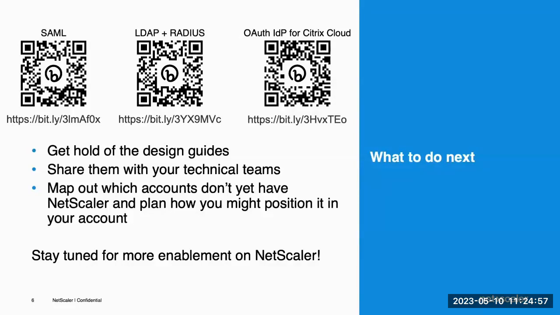I would suggest that you map out your accounts for the rest of the year in terms of what's renewing, and then work out which don't have NetScaler today, and make a plan for how you might position it. Firstly, for the Citrix environment, but also beyond the Citrix apps. And you can work with your partner PSMs to help do this. And we'll cover more of this going forward as we delve into the wonderful world that is NetScaler.